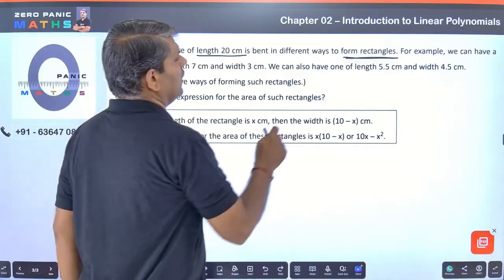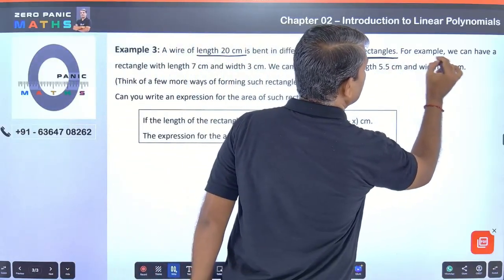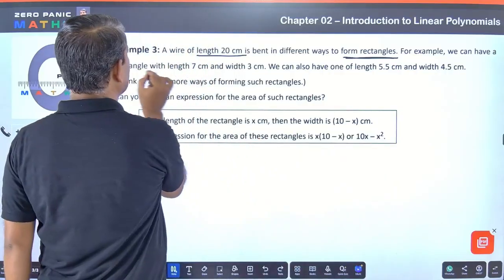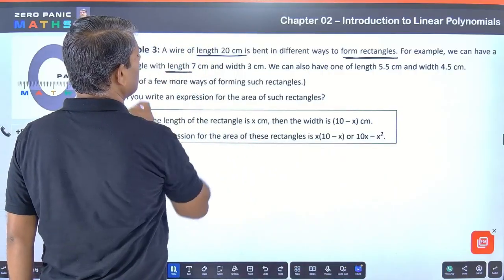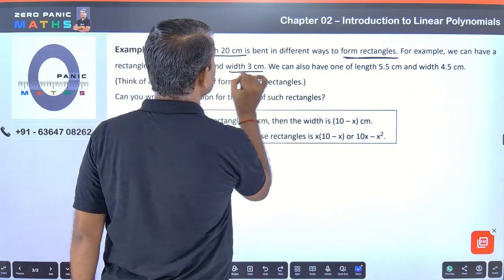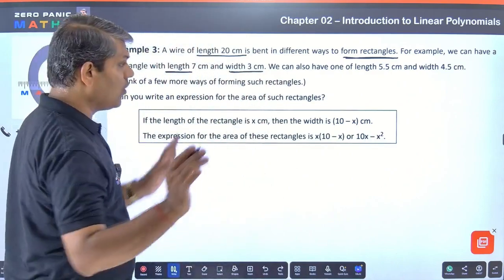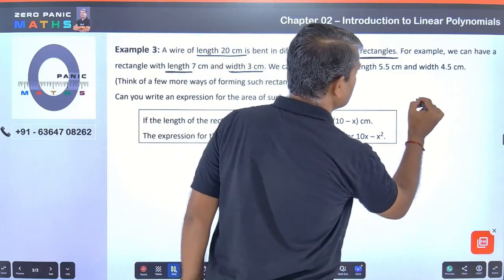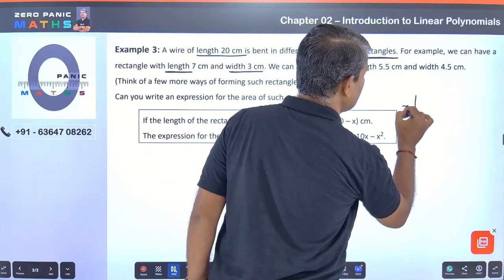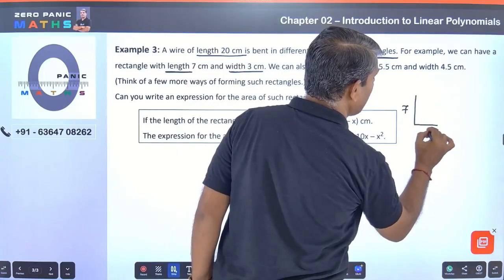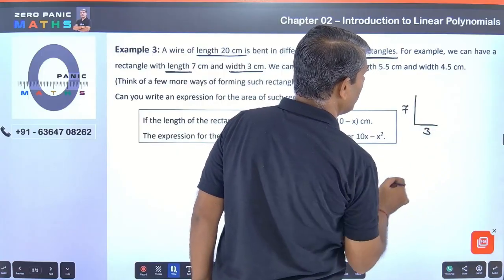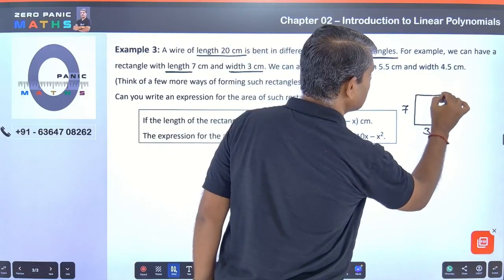So now, for example, we can have a rectangle with length 7 and width 3 centimeter. If you are forming a rectangle, this is an example given.